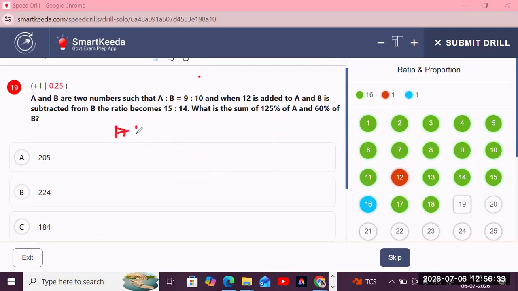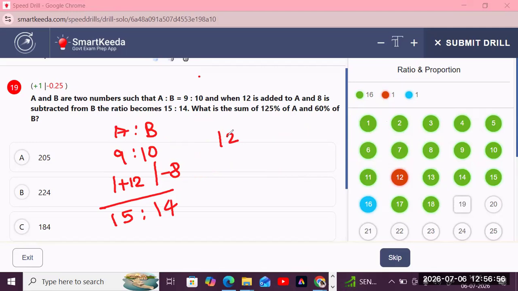Find the ratio of A and B, when 12 is added to A and 8 is subtracted from B, the ratio becomes 15/40.